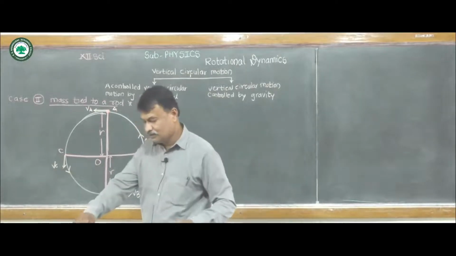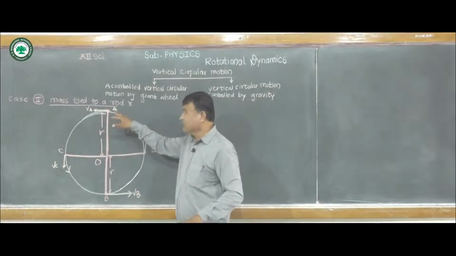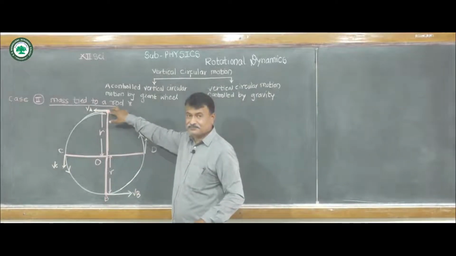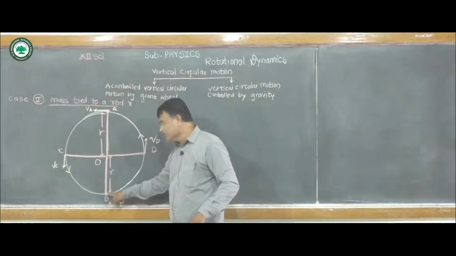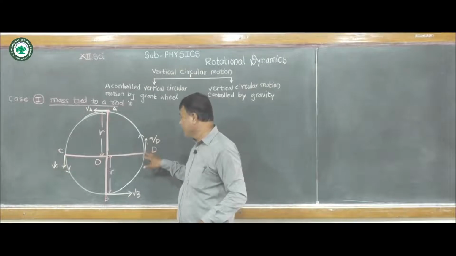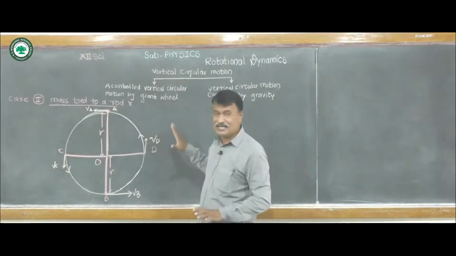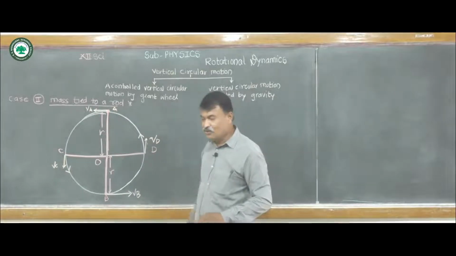Now we have to find out velocities at point A, velocities at point B, and velocity at point C and D, as like previous article.